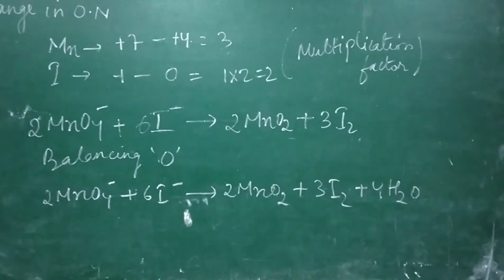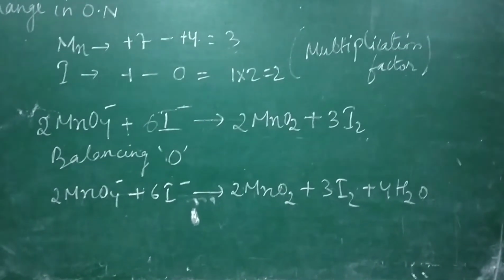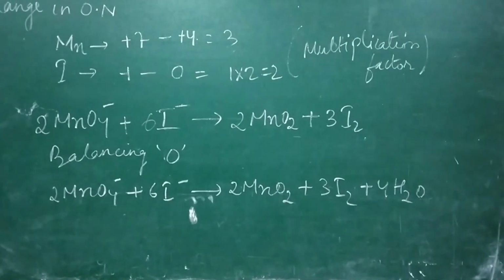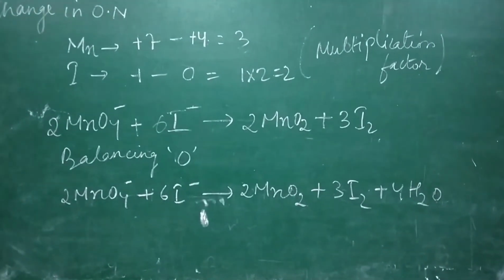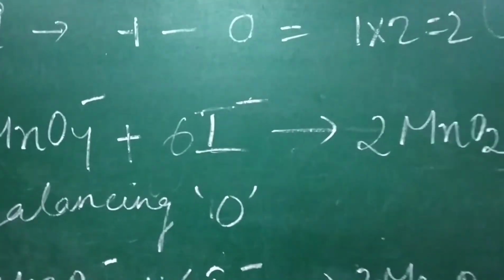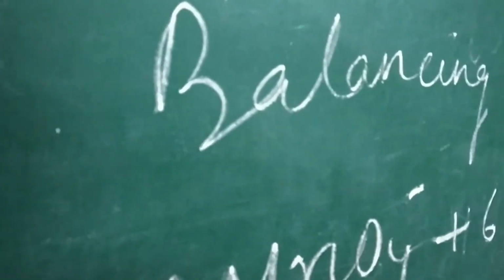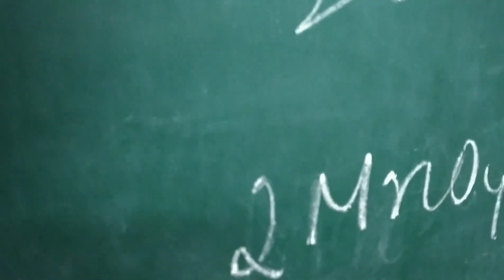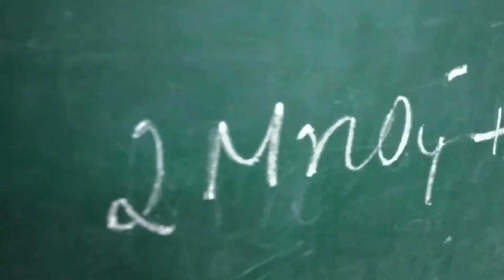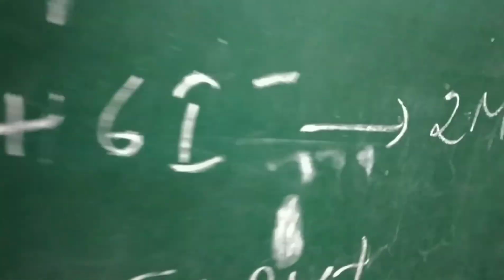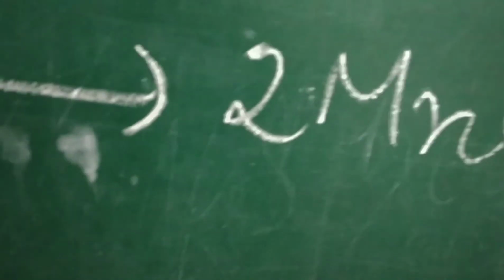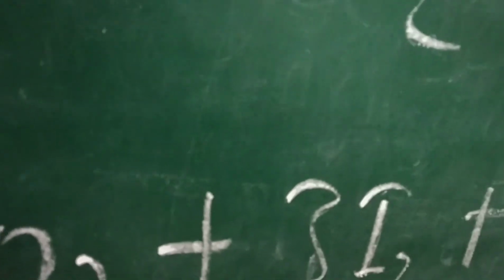Next, we will balance the hydrogen atoms on both sides by adding H plus ions. On this side we will add 2MnO4 minus plus 6I minus plus 8H plus, giving 2MnO2 plus 3I2 plus 4H2O.